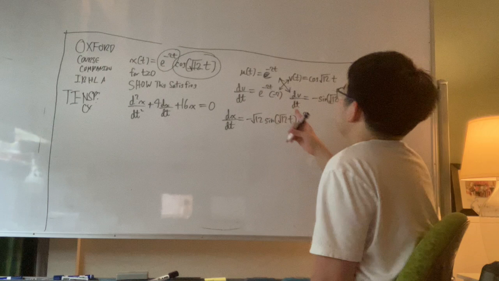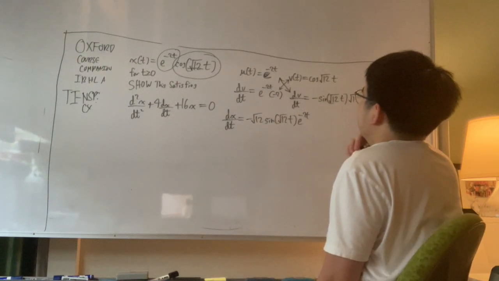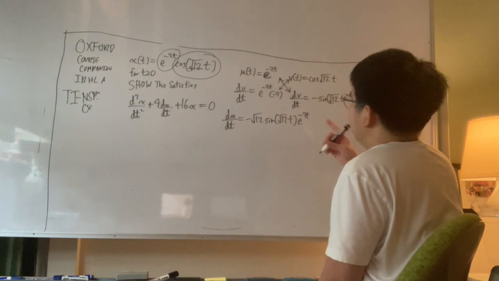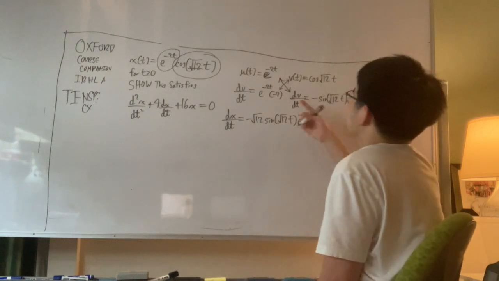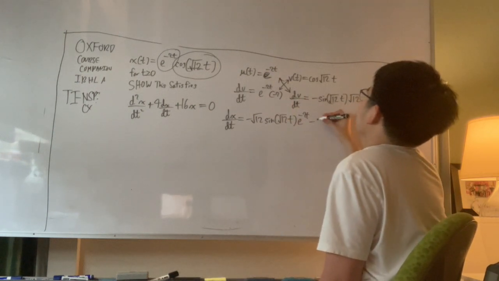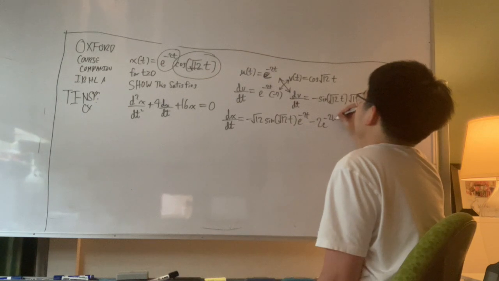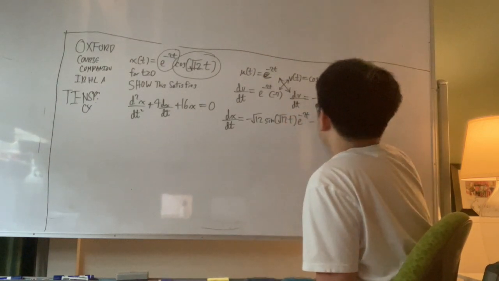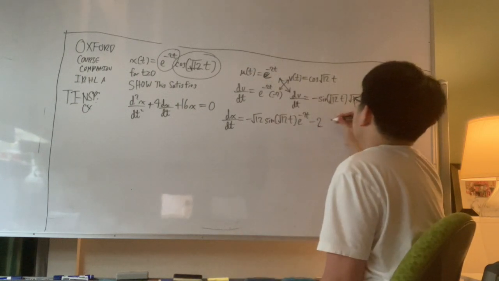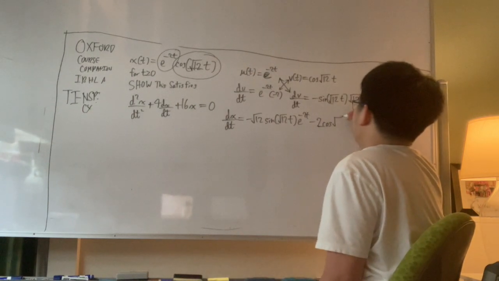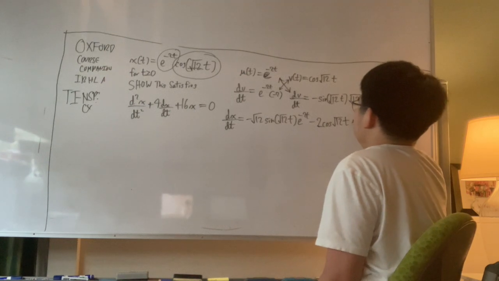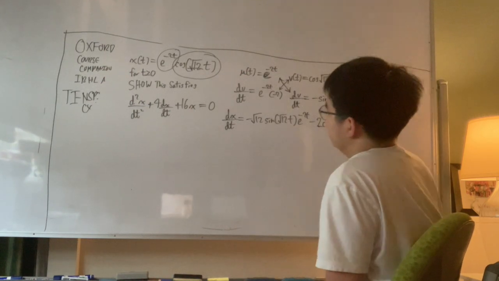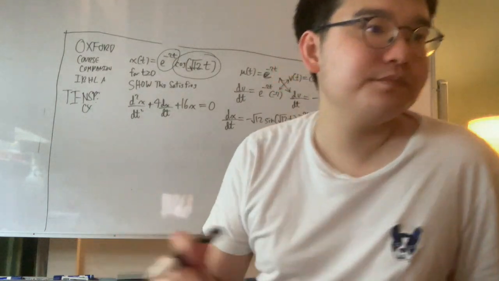And then it's minus this again. Oh no, please don't tell me I made a mistake. Oh wait, sorry, not minus, plus. So it's minus this. Good. I thought I made a stupid mistake for a second there. Minus 2, let's keep everything consistent here. Minus 2 cosine square root of 12t e to the minus 2t. Okay.